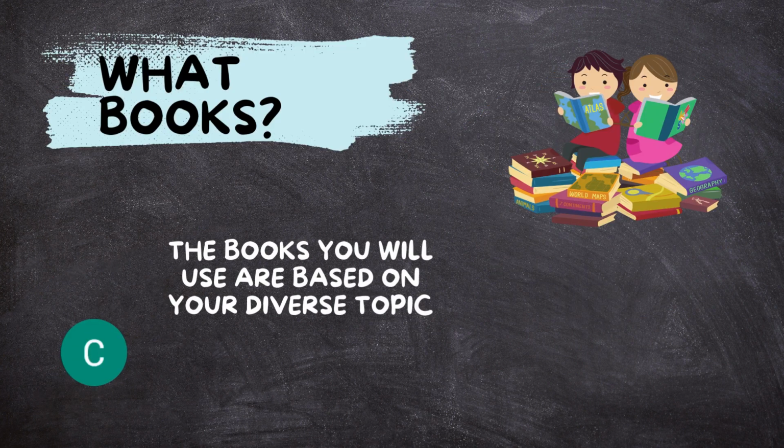The book you choose to use in your classroom will be based on the diverse topic that you are covering. In this presentation, we will be looking at books on race, ability, gender identity, language, and religion. However, there are so many more diverse topics that may need to be covered in your location.